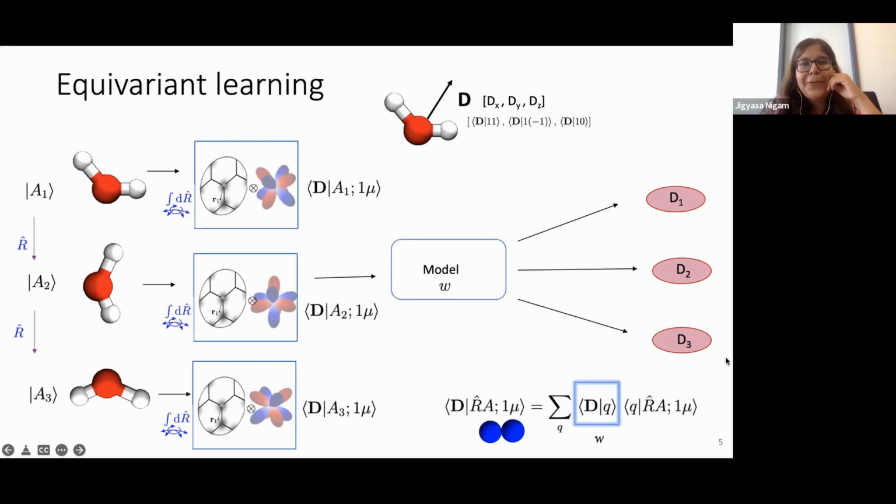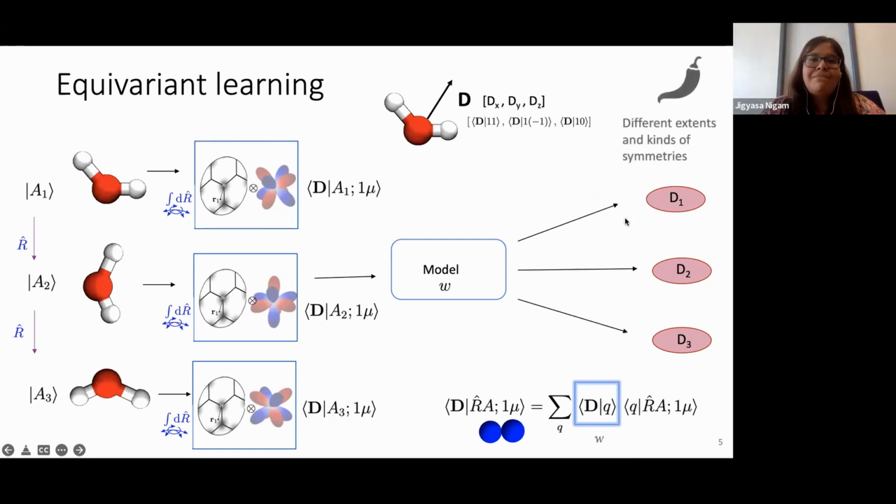And this is in the spirit of what is called the Wigner-Eckart theorem. If you don't know it, you don't need to worry about it, but basically, it just says that your rotational property can be decomposed into something that really rotates as you geometrically rotate your structure, and something that remains invariant. So here the weights are really invariant because you encoded the rotational behavior in your representation.